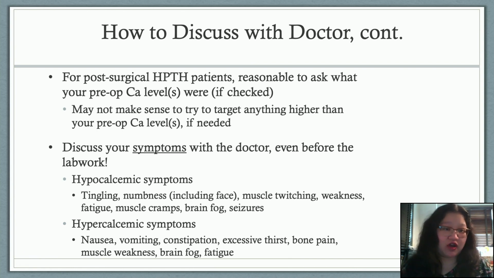If you're feeling nauseous, vomiting, constipation, that's usually hyper. If you're feeling brain fog or bone pain, that is probably hyper, but brain fog can also occur with hypo. So a lot of times the symptoms don't tell you completely, but at least they'll know what you might be experiencing more likely.